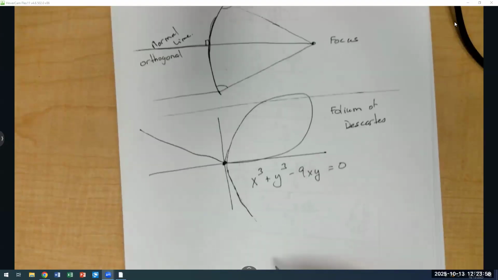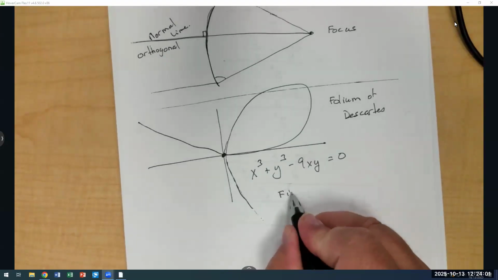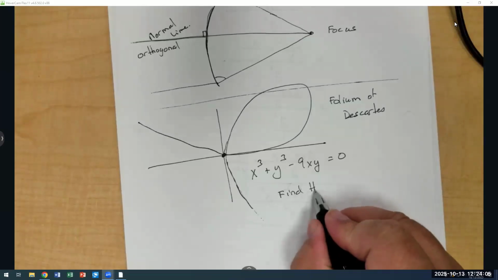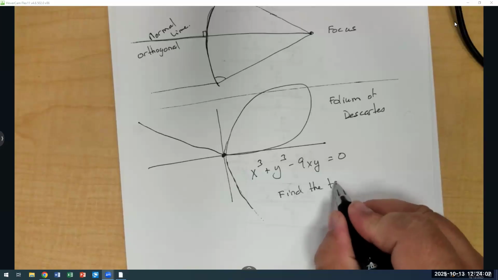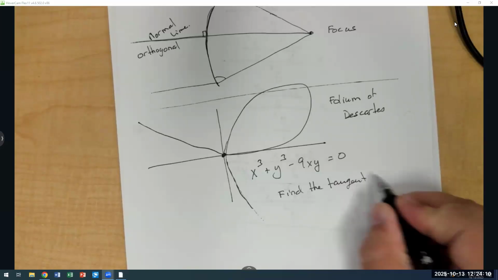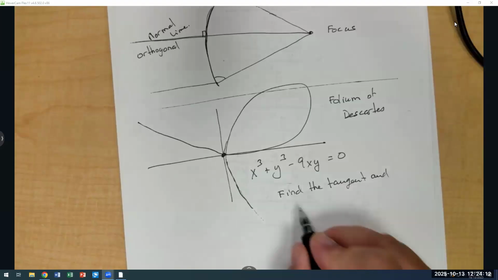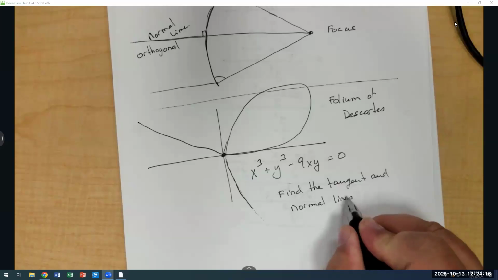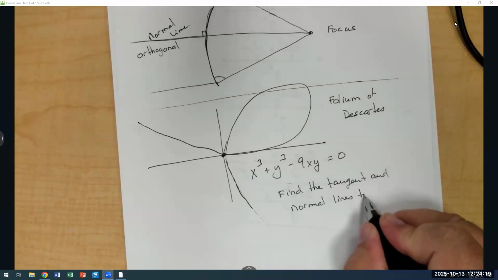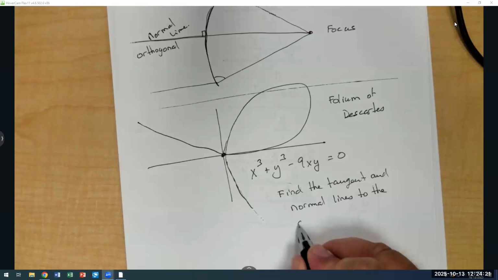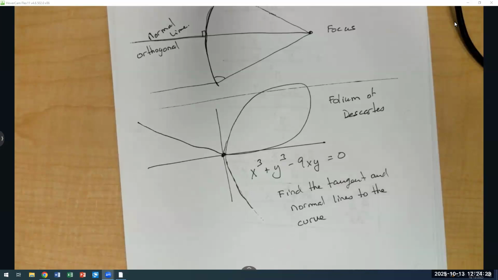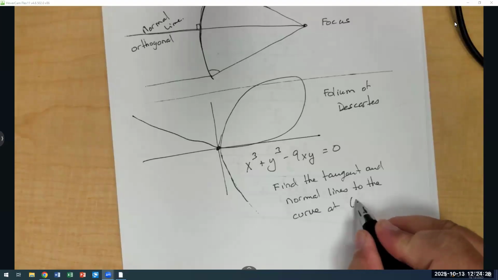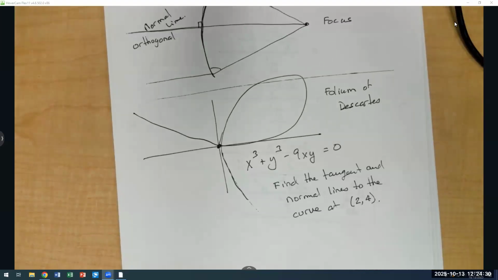So find the tangent and normal lines to the curve at 2, 4.